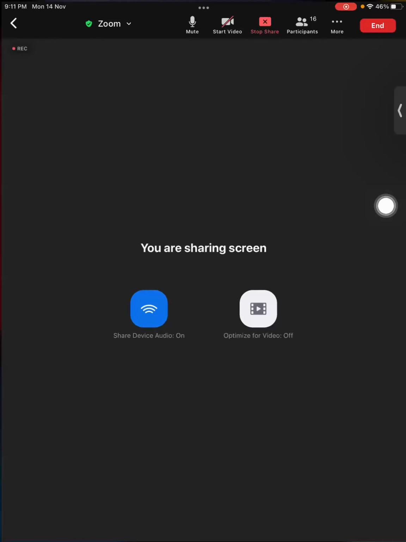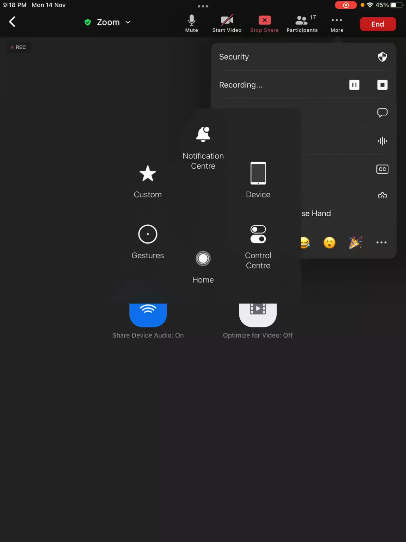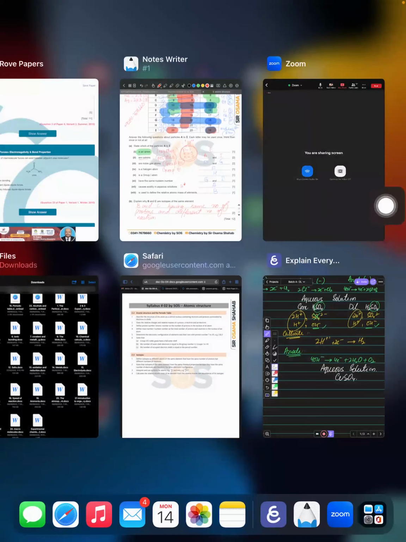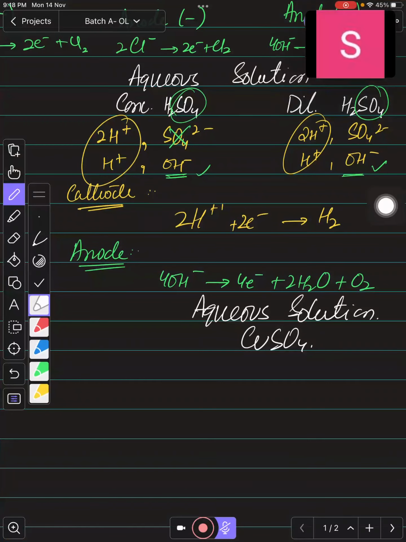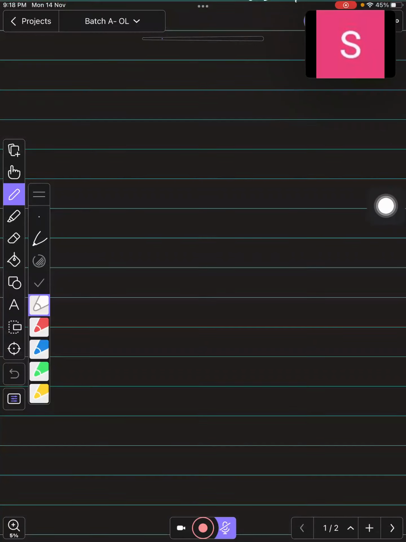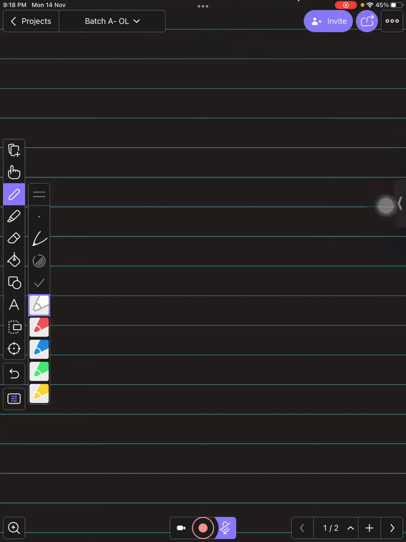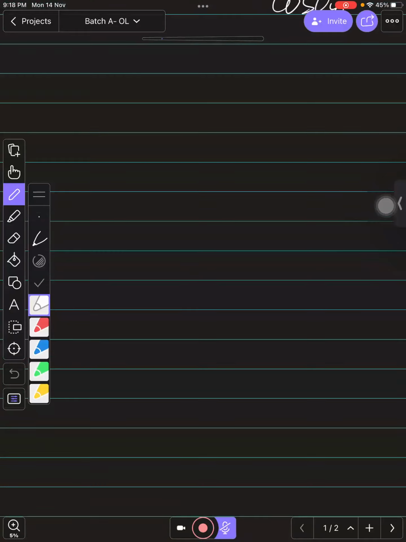Electrolysis of copper sulfate. Half of the questions are part of this topic, so it is very important to know. Now let's see. This is the comparison between two things, and before comparing this, I am just going to show you one thing which is what you did right now.